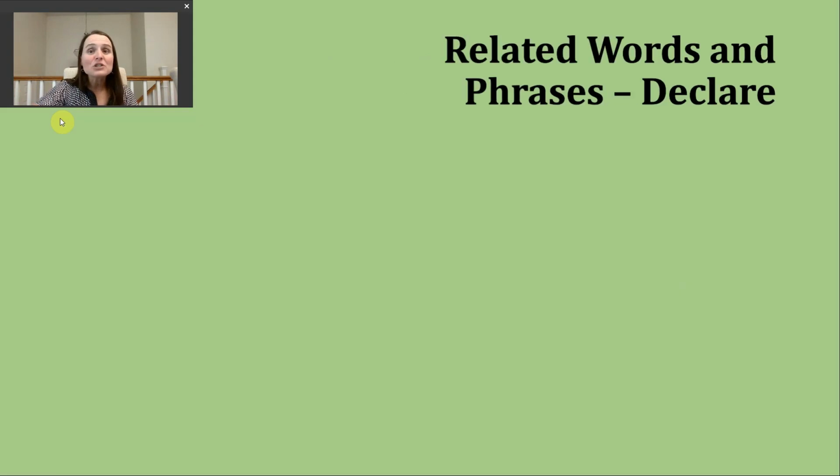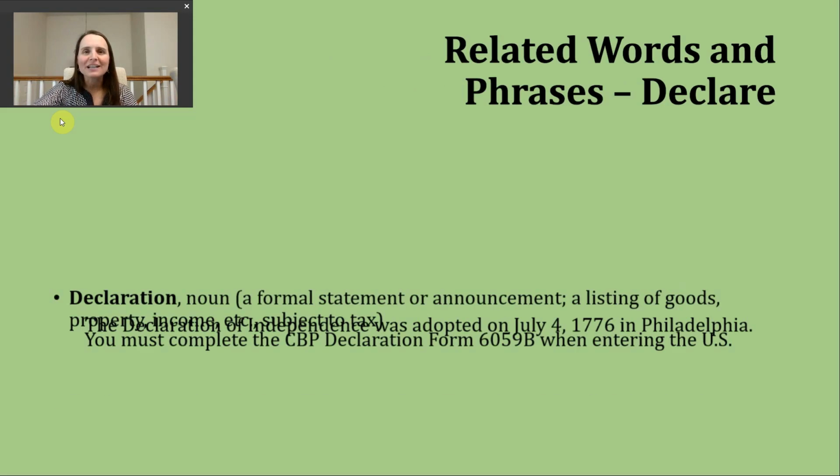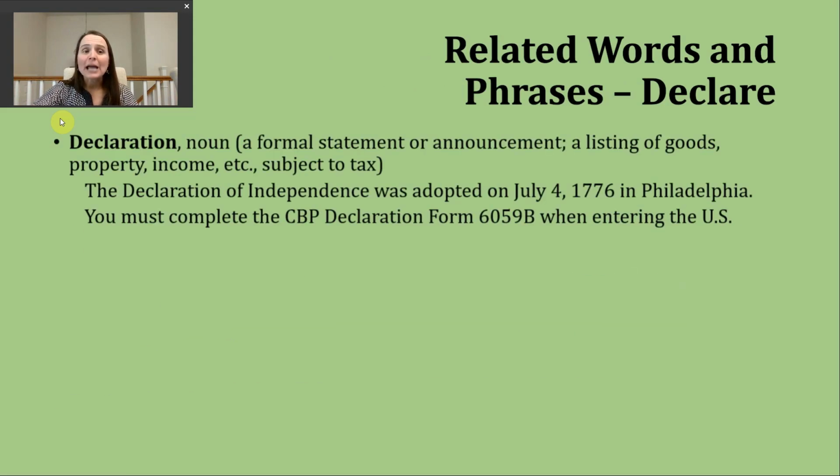Now let's take a moment to look at some words and a phrase related to our verb declare. And the first word we're going to look at is the noun form of this word. It's declaration. Okay. This noun can be used in a couple different ways, just like our verb. One way you hear declaration used is to refer to some formal statement or formal announcement.